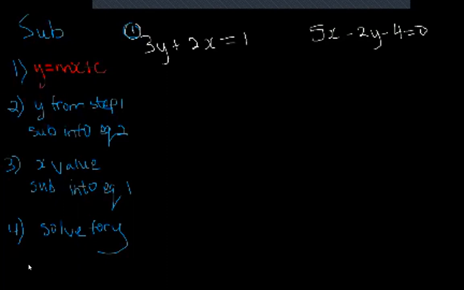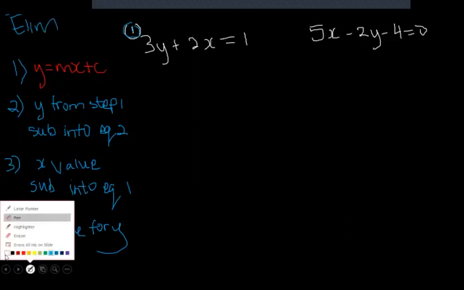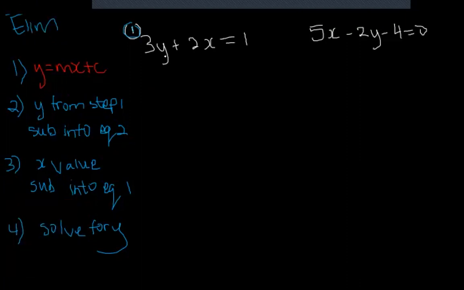Okay. So let me just do the other method for people who want to do that one. Right, that's your elimination. Cool. First step, I want to write both of them in the form y is equal to mx plus c. So which we got for this one, y is equal to minus 2/3 x plus 1/3.